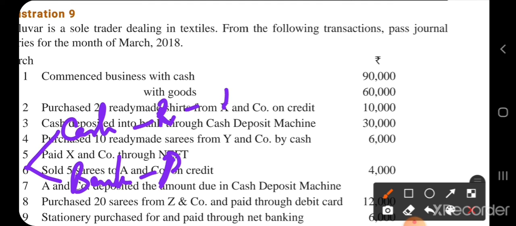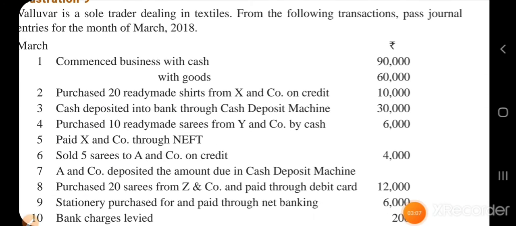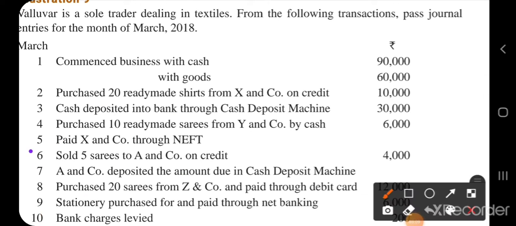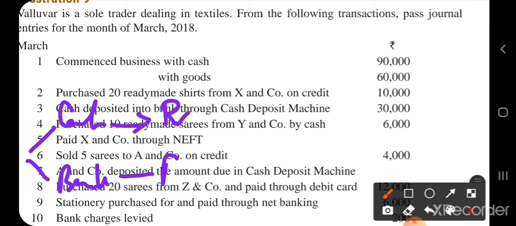Cash deposited into bank through cash deposit machine. So here the accounts are cash and bank. In this case, cash deposited into bank means cash is going out of the business. So cash is a real account. What is the rule for real account?